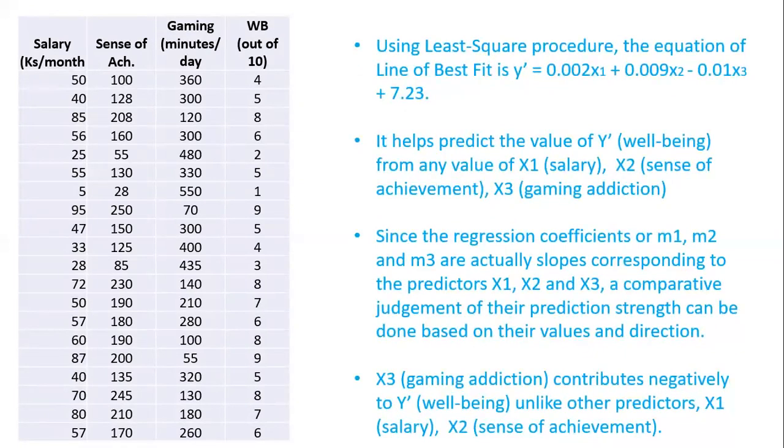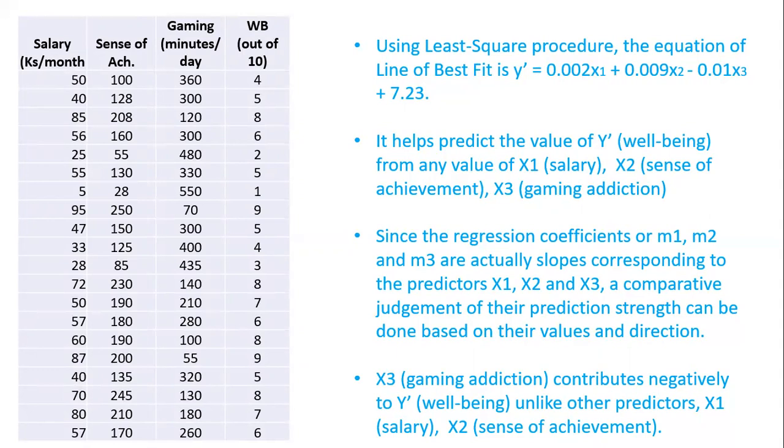Now, all these results have come with the help of multiple regression analysis that is based on the least square procedures, and these are calculated with the help of simple software called Microsoft Excel, although there are other sophisticated software like SPSS, that is Statistical Package for Social Sciences, which also does such kind of statistical analysis.